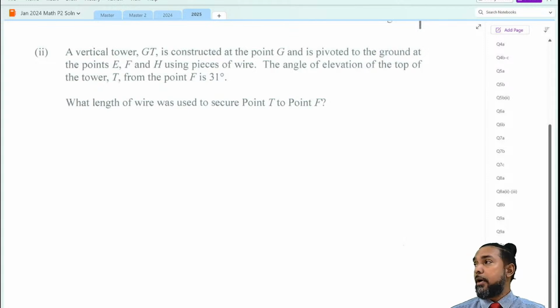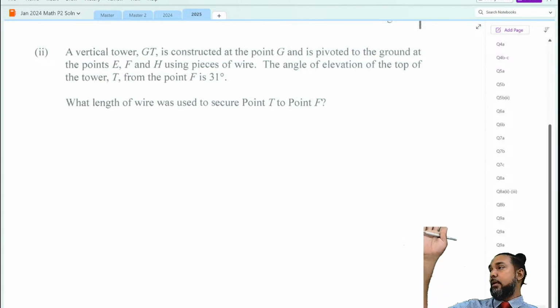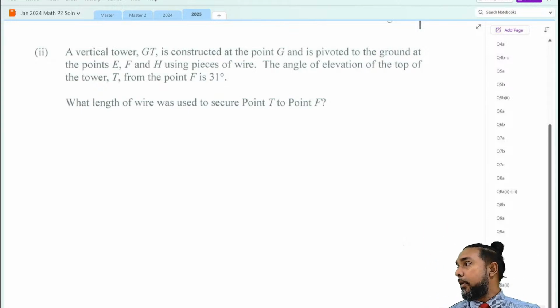And then draw a right angle triangle with G as the base and T as the height, right? G to T. And F is also on the ground, so you have to put up like a diagonal. Yeah, G is at the base, T is at the top, and F is the other point. And the angle of elevation to T from F is 31.